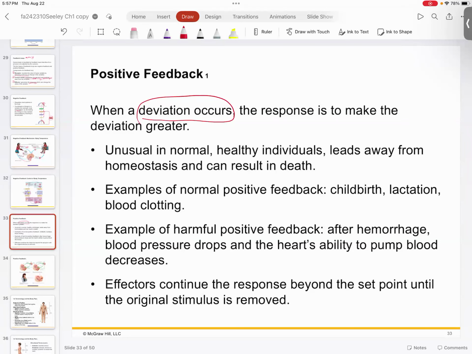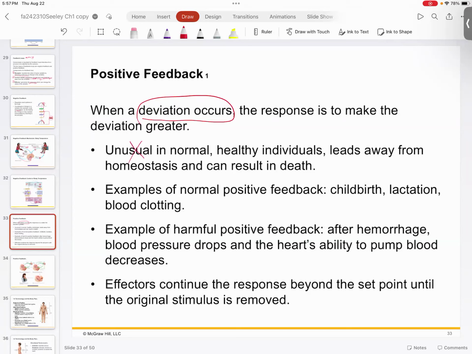So ultimately, what you generally want to do is create a stimulus that gets you beyond homeostasis. Now, here's the problem. In some textbooks and in Seeley, they oftentimes say that positive feedback is unusual.